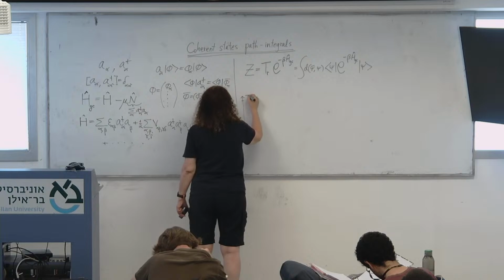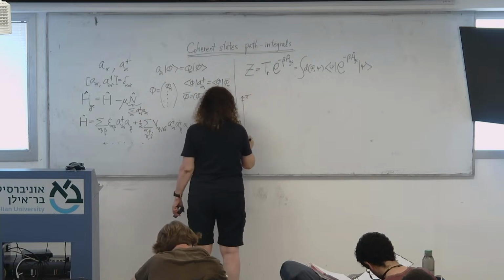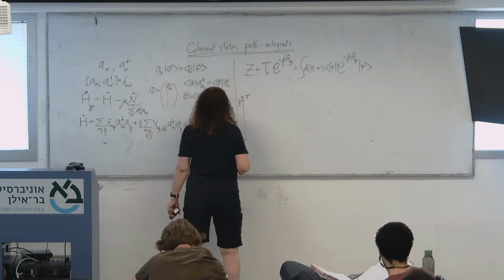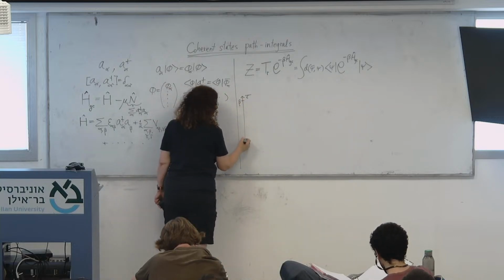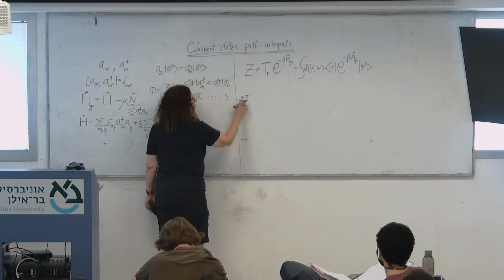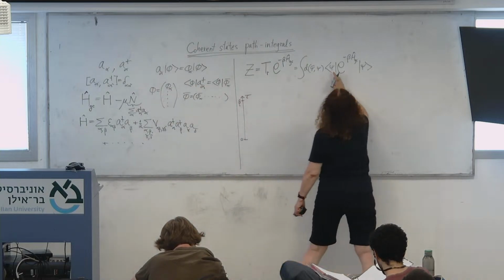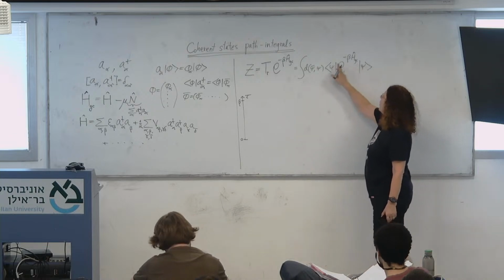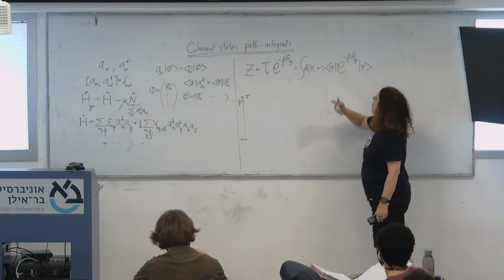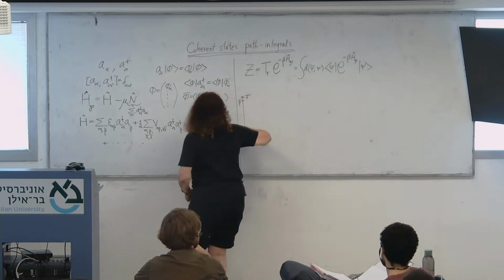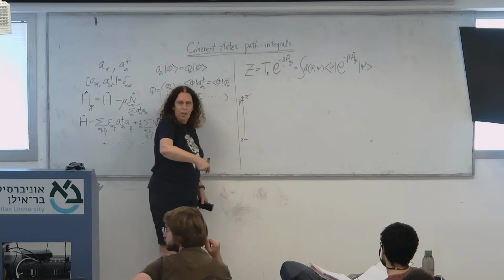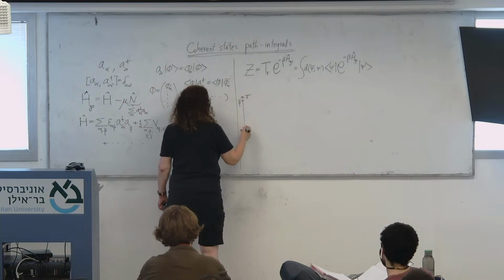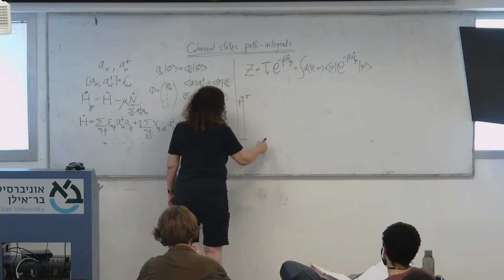We define here an imaginary time axis, which changes between 0 and beta, and actually, because during this imaginary time evolution, we go from one state to the same state, this imaginary time axis folds on itself, and it's actually a circle.